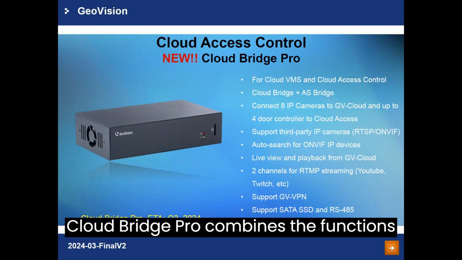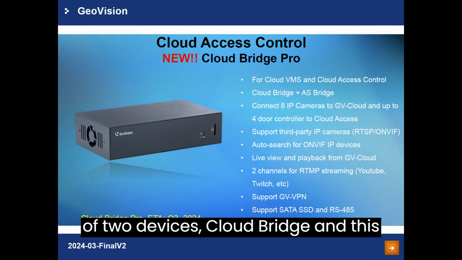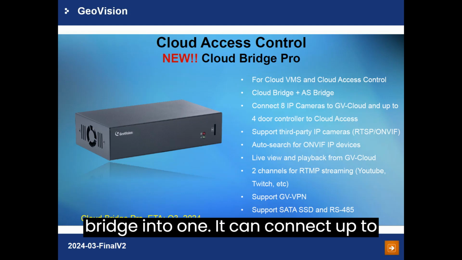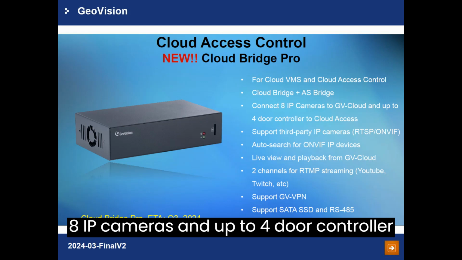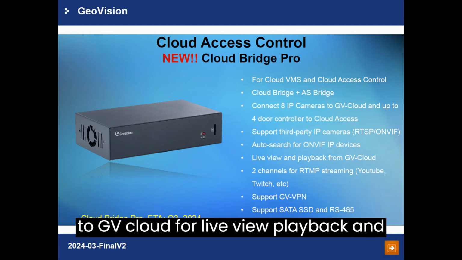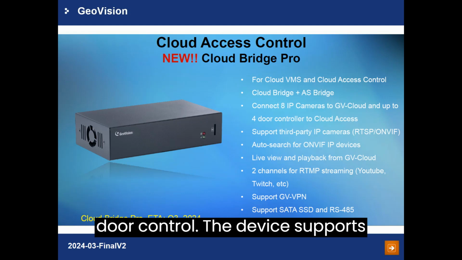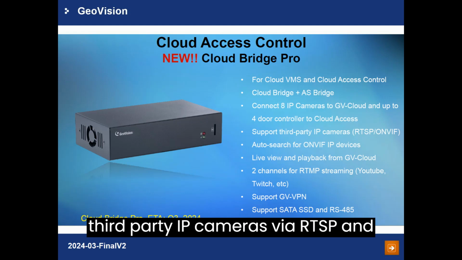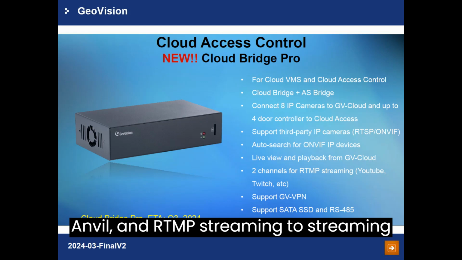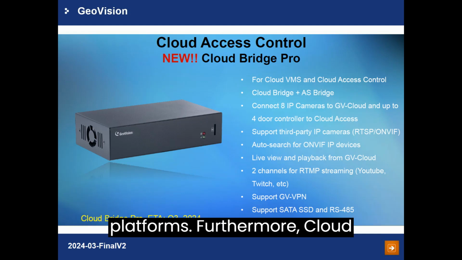Cloud Bridge Pro combines the functions of two devices, Cloud Bridge and ISCWest into one. It can connect up to 8 IP cameras and up to 4 door controllers to GV-Cloud for live view, playback and door control. The device supports third-party IP cameras via RTSP and ONVIF and RTMP streaming to streaming platforms.